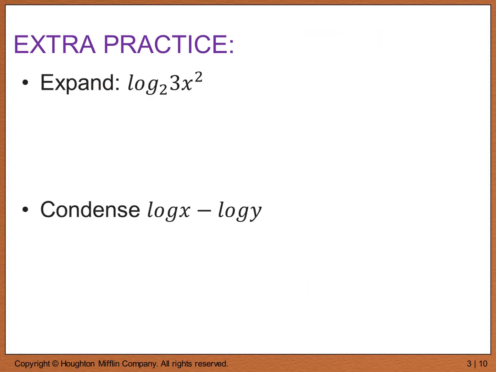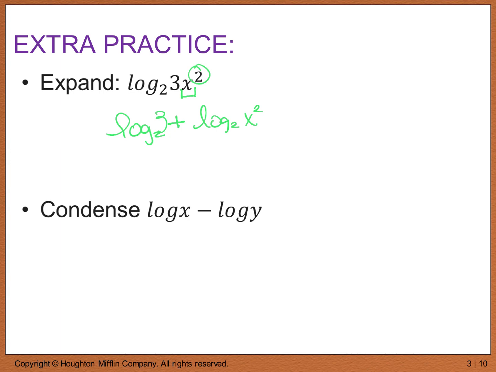Now, if you want one last set of practice, you can pause the video, try this on your own, and then come back and double check your answer. So for an expansion, this is a multiplication, and I have a power. So I've got log base 2, multiplication becomes addition, so log base 2 of 3, plus log base 2 of x squared.